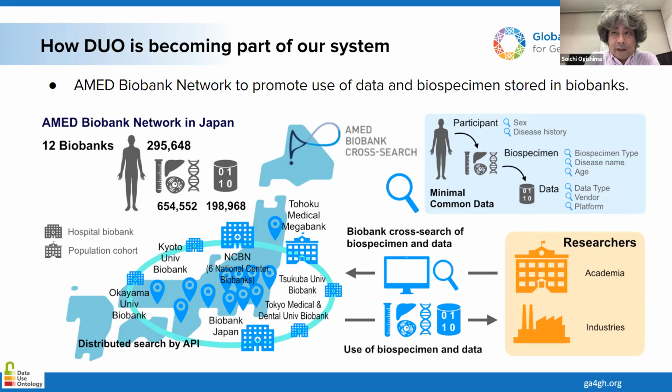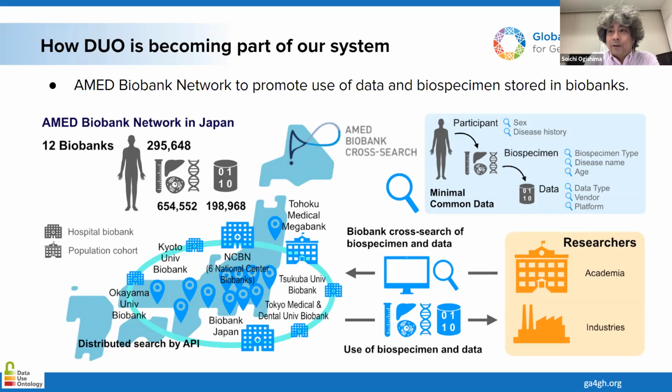We have already developed our biobank cross-search system, and we launch our service next month. Now over 600,000 biospecimens and 200,000 data provided by 300,000 participants are already available in our cross-search system in our biobank network.